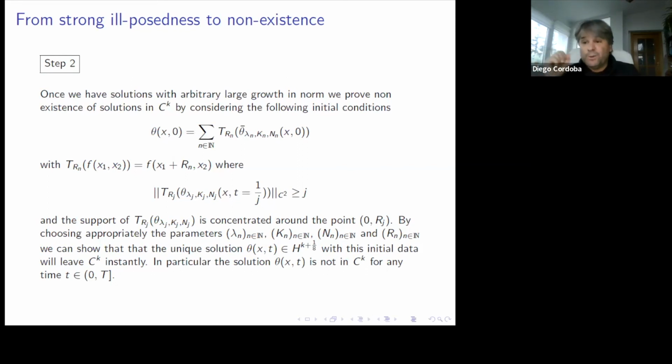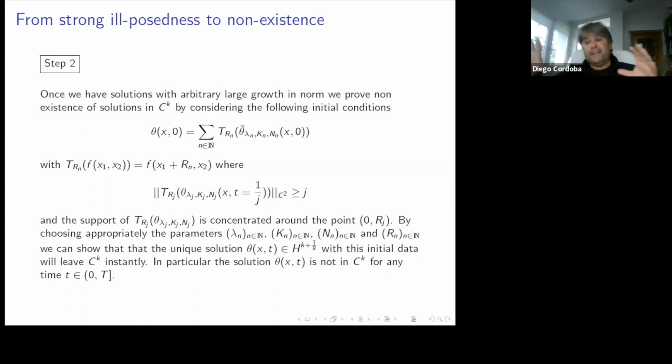And now non-existence. What do we do? These F1 and F2 are compactly supported, and they're analogous. So this is a block, right? We are going to add infinity of these blocks, and we're going to put them at a distance where we can control their interaction.